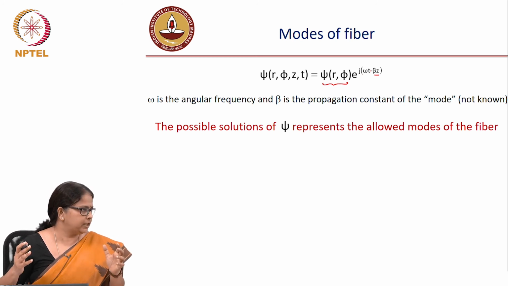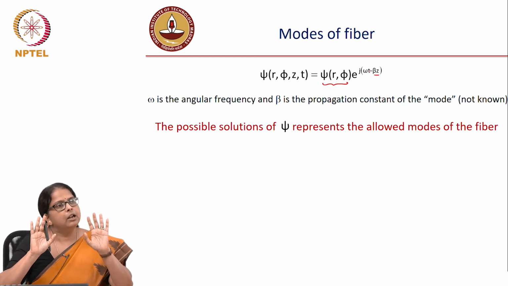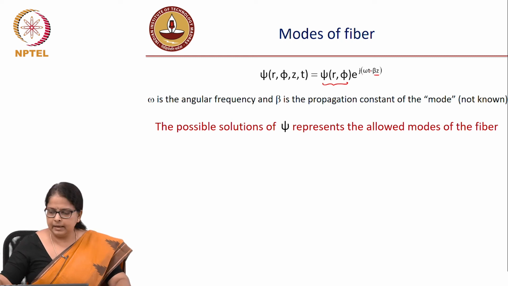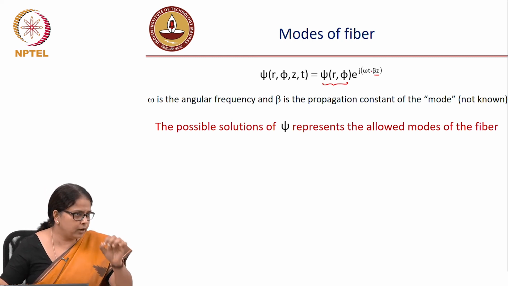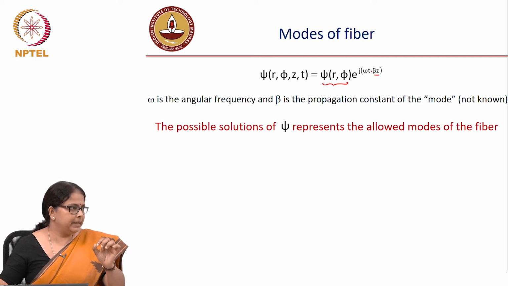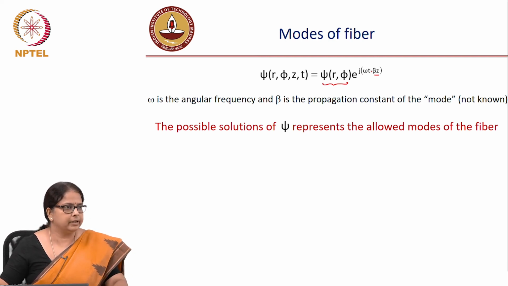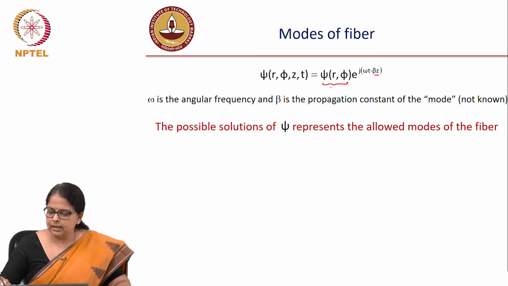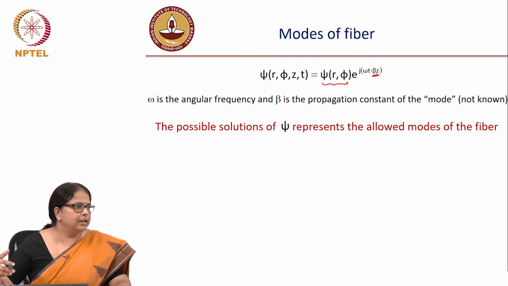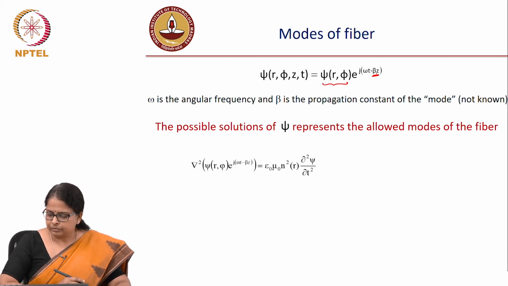Omega is constant, depending on the launched frequency, but beta is something you do not know for the system inside. Even though the core index is n1, the beta of the mode is something different. So the unknowns are psi as well as beta. Throughout this derivation, we are looking to solve for psi and beta of the allowed modes.